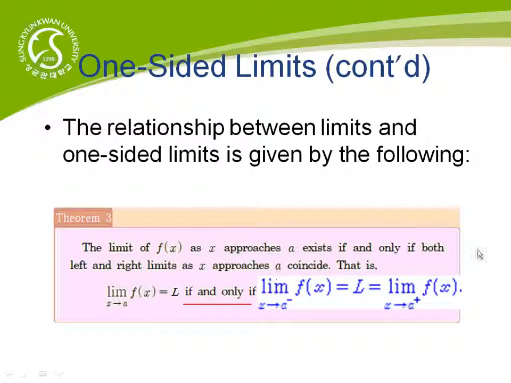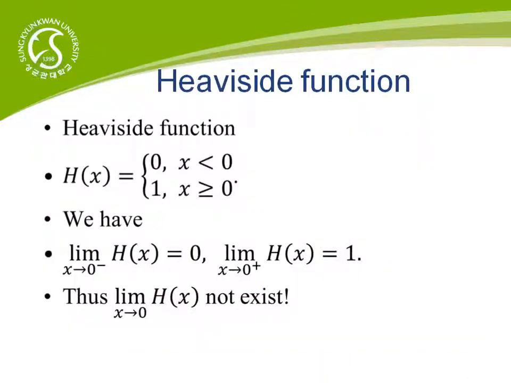If this equality holds, then we say the limit of f of x is equal to L as x approaches a. That's the definition. So in order to define the limit, the left limit and right limit should both exist and be the same.